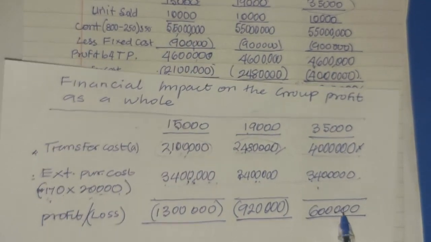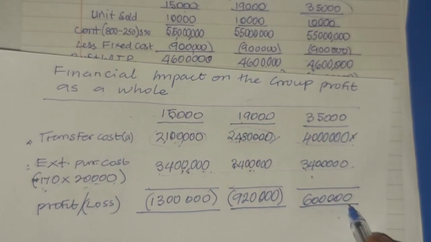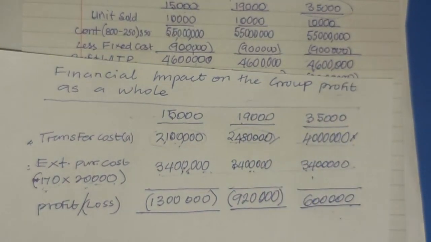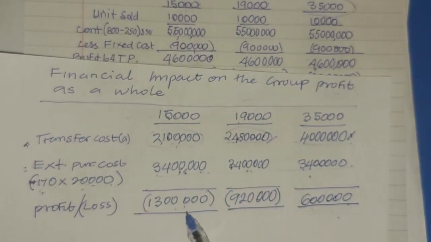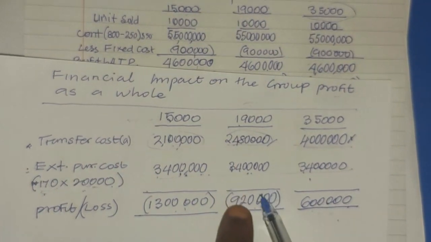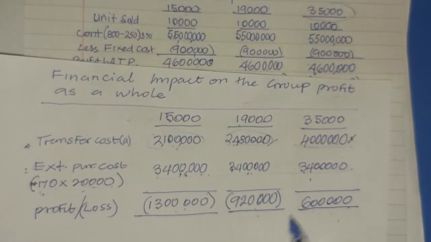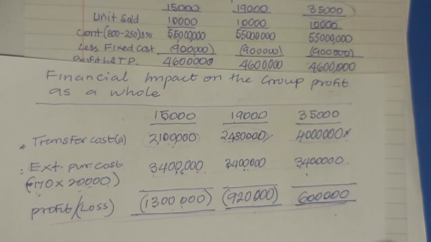It has saved 600,000, which is a plus to the company's profit as a whole. But the other levels will reduce the group profit, because the more the cost, the lower the profit. So that is the impact. Hope you understand.